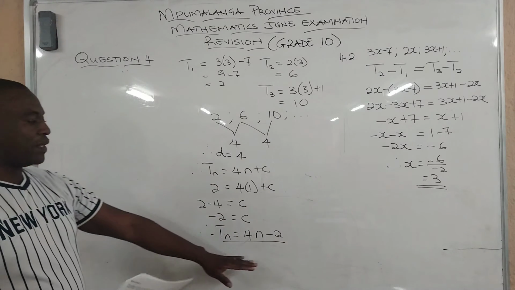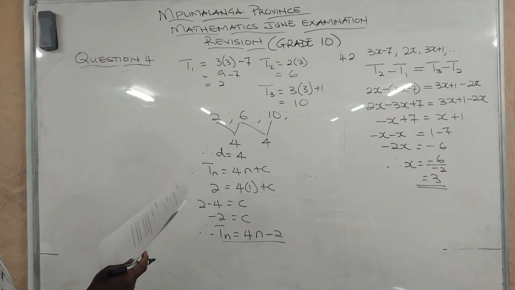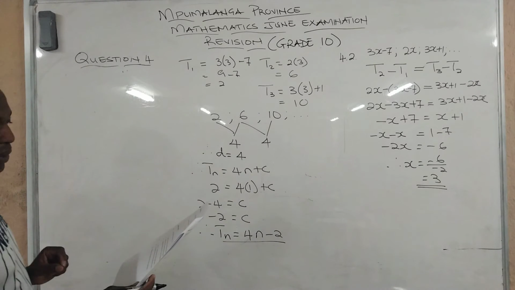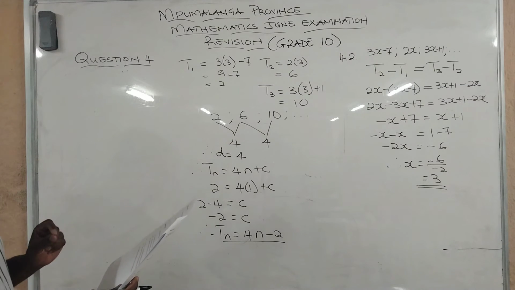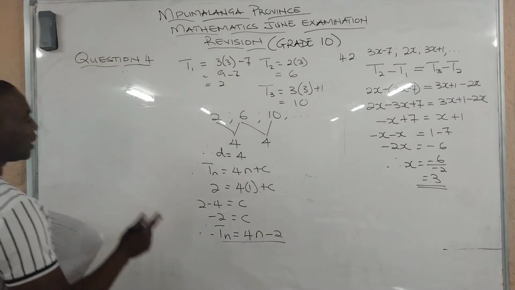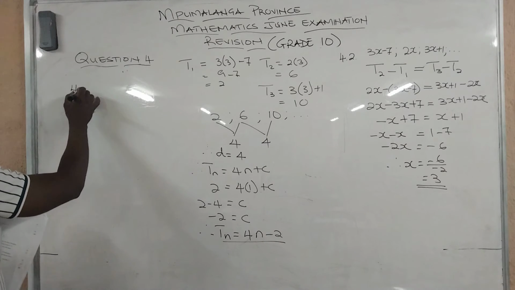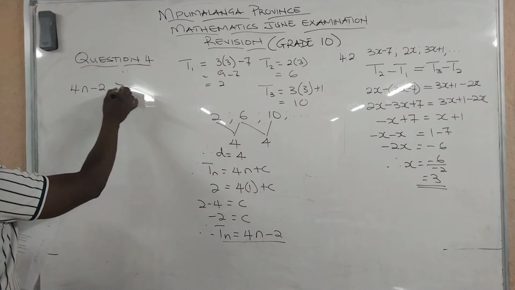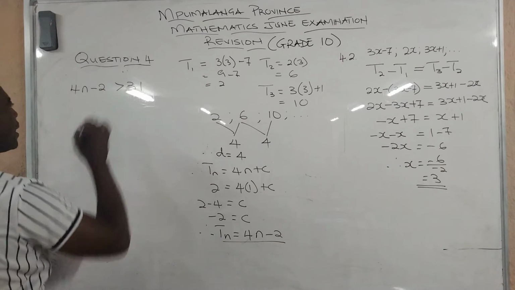Now, with this Tn and what the question is saying, which term in the sequence is the first to be greater than 31? So that means 4n minus 2 should be greater than 31.